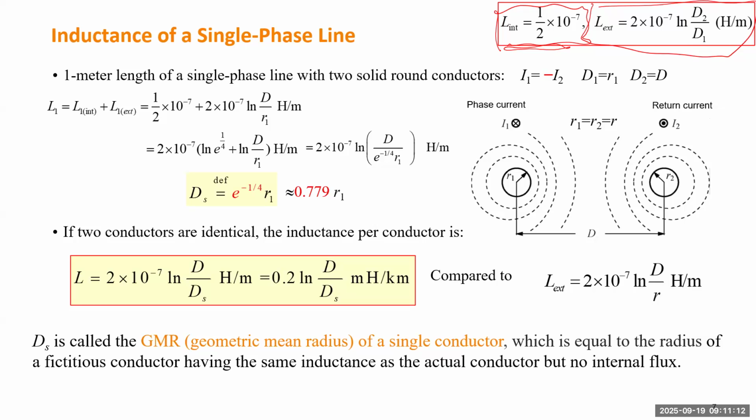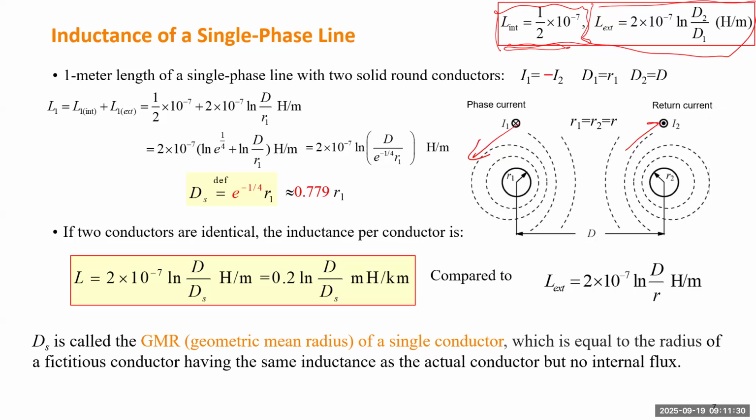Okay, so if we combine the two parts, consider just a single transmission line with one conductor sending current coming out from the screen and going back into the screen.